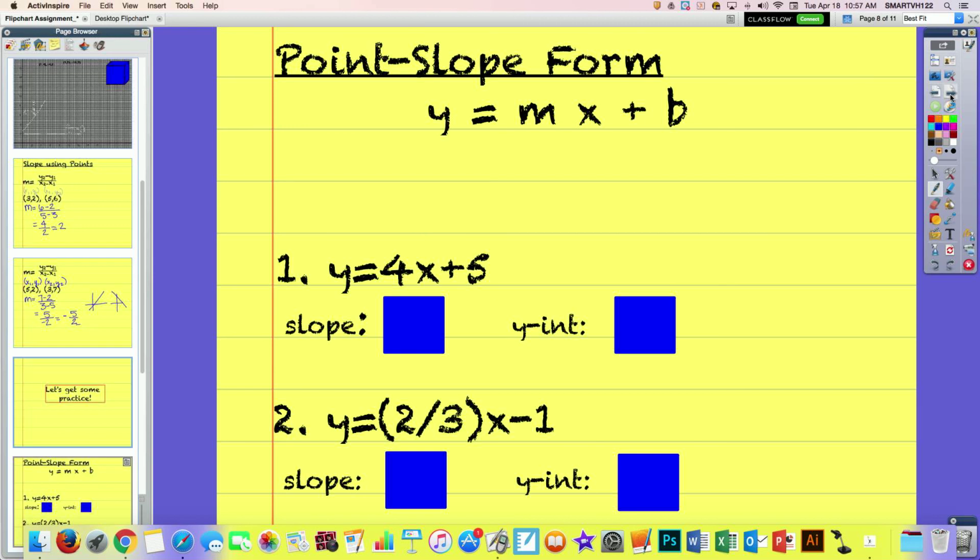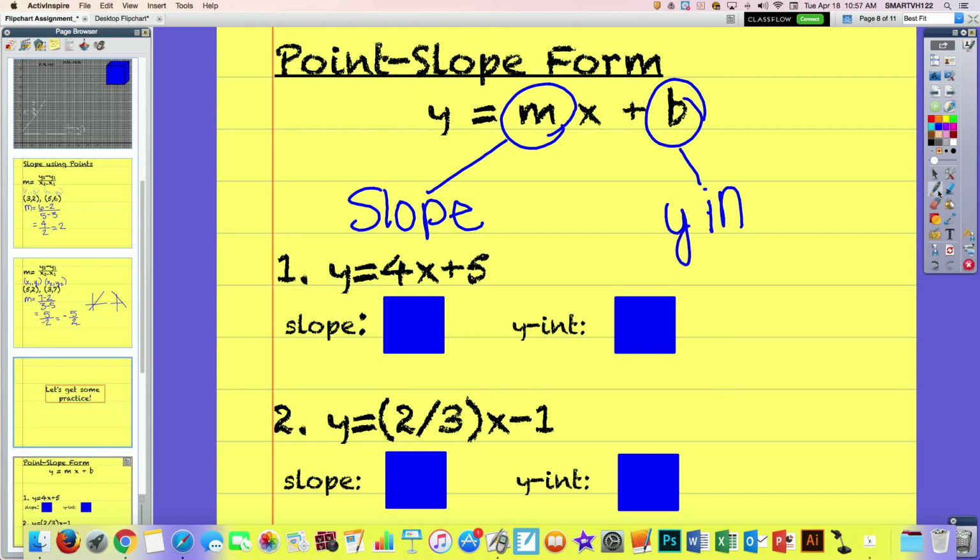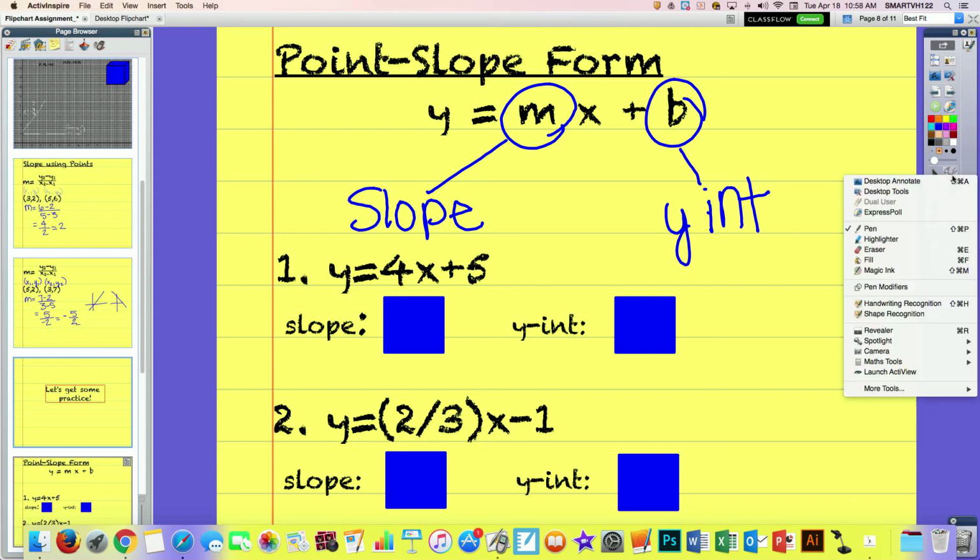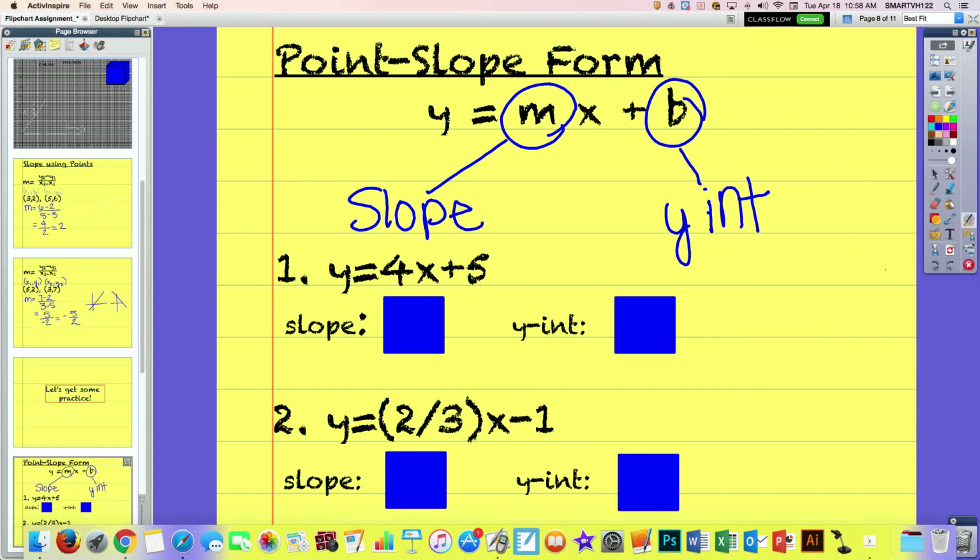So now our next one is slope-intercept form. This formula, y equals mx plus b, is the formula for a line. This m is our slope, and b is equal to our intercept, or y-intercept. So can someone tell me what the slope for this one is? 4.